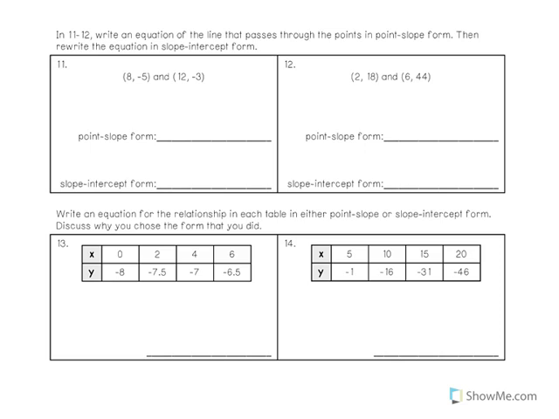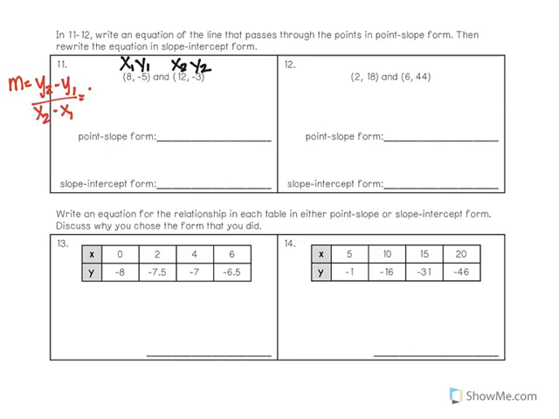In 11 through 12, you're going to write an equation of the line that passes through the points in point slope form, then rewrite the equation in slope-intercept form. So we want to first label x1, y1, x2, y2. We're going to find our slope. So our slope is y2 minus y1 over x2 minus x1.